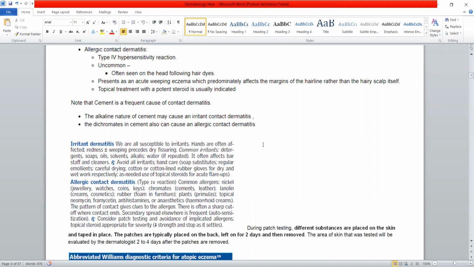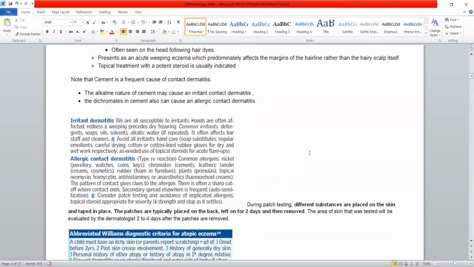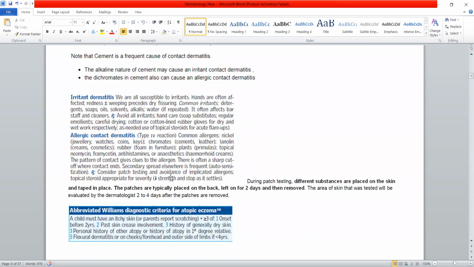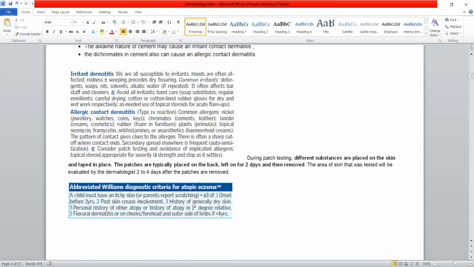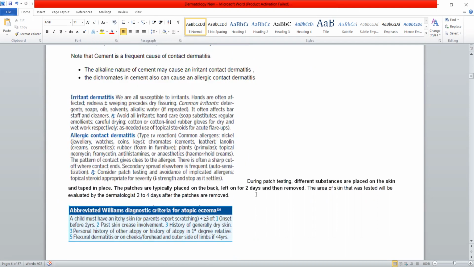So the person will develop a rash hours or even days after contact with the substance. Patch testing is done to identify the implicated allergens, and topical steroids can be used in the treatment.